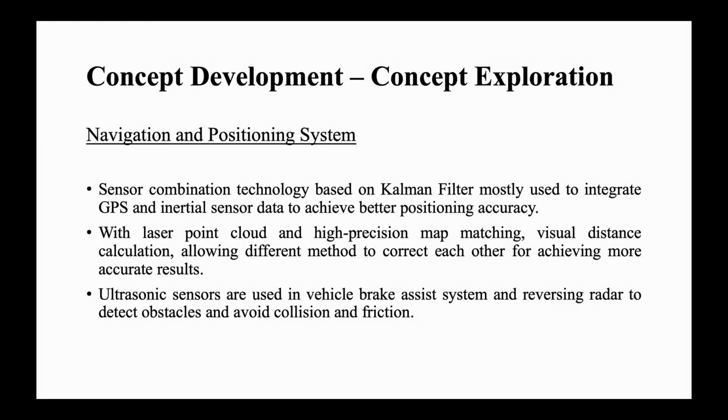Also, ultrasonic sensors convert ultrasonic signals into other energy signals, with high frequency, short wavelength, and small diffraction. The strong penetration of liquids and solids can help vehicles detect the external environment and respond appropriately. Ultrasonic sensors are used in vehicle brake assist systems and reversing radar to detect obstacles and avoid collision and friction. So the best way is to combine all the positioning methods to position vehicles.